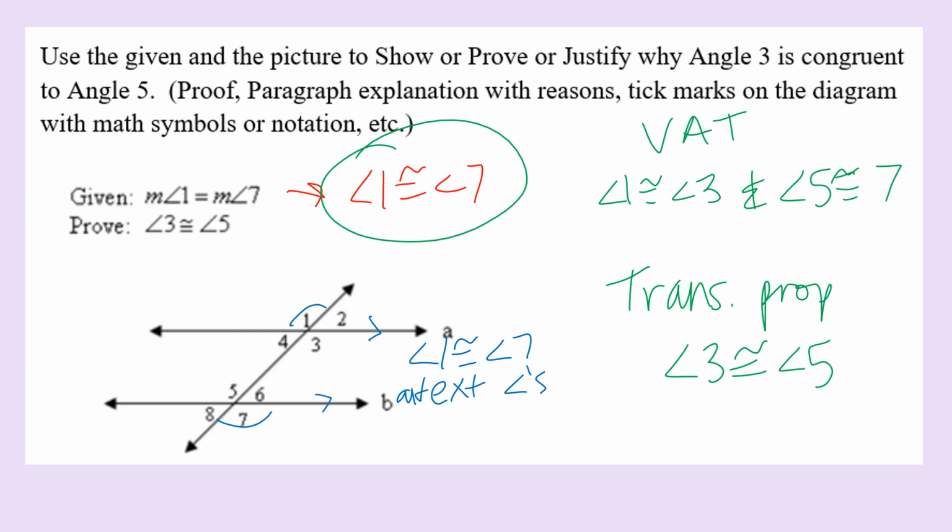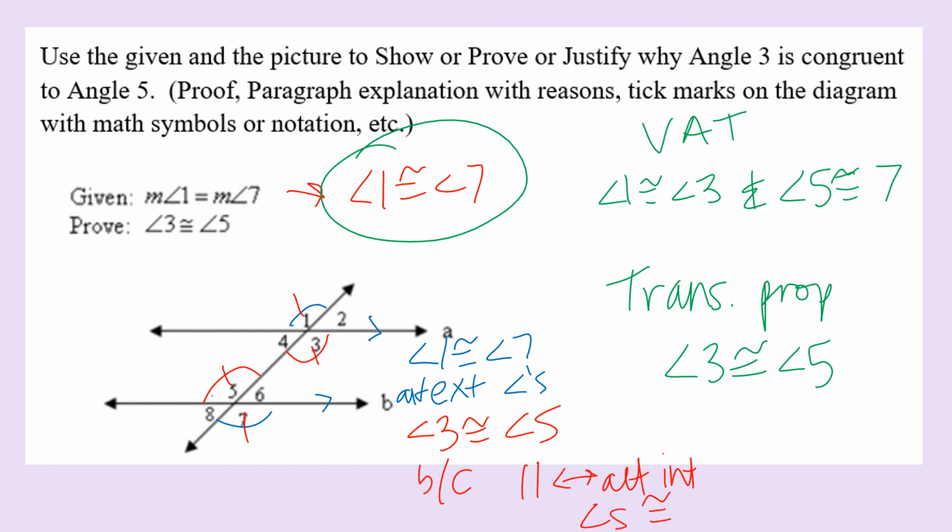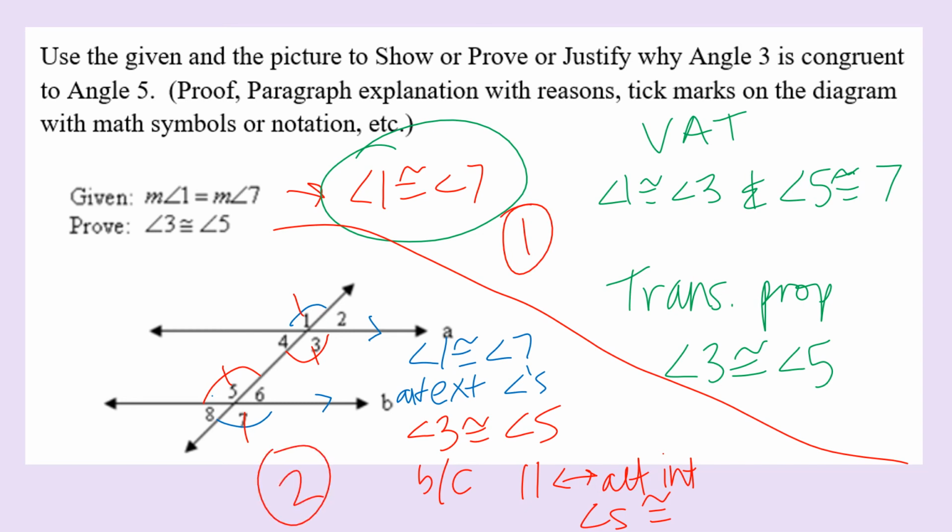And if A and B are parallel, we know that the alternate angles are also congruent. So you could say angle 3 is congruent to angle 5 because of the theorem: parallel lines means alternate interior angles are congruent. So this side would be one way, this side would be another way to answer that question.